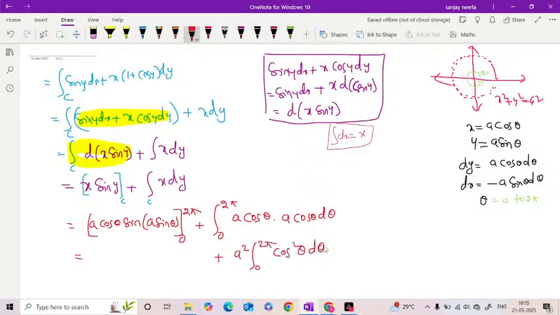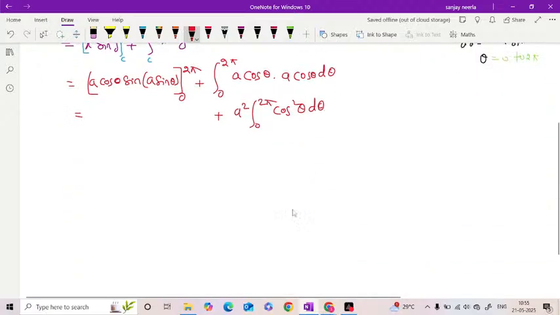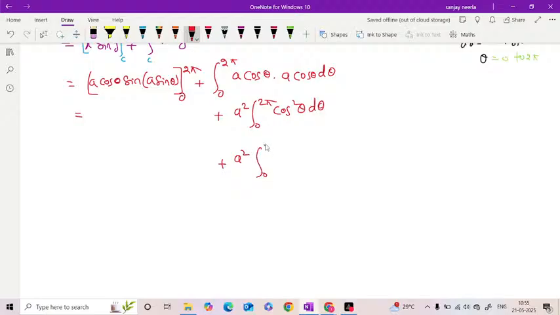The integration of cos square theta we can solve in many ways, by using the reduction formulas or by using the cos square theta result. Here I am using the cos square theta result: cos square theta equals 1 plus cos 2 theta by 2. Now the integration of 1 is theta, and the integration of cos 2 theta by 2 is sin 2 theta by 4, with limits from 0 to 2 pi.